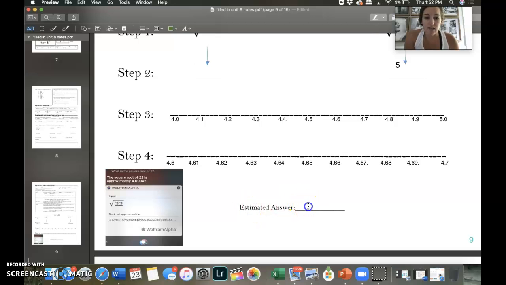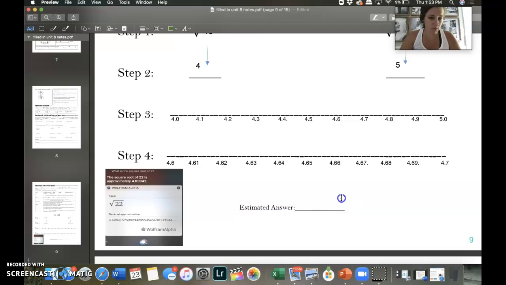So let's say our estimated answer, and we're just going to round to one digit after the decimal. So Siri says that 4.69 is the square root. So I'm going to say it's 4.7. Why you not let me type?